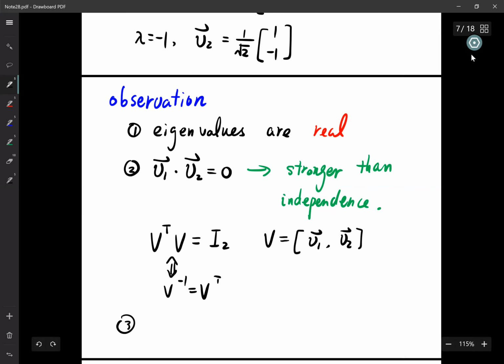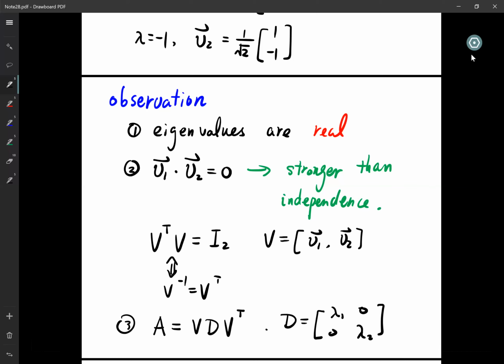Therefore, the diagonalization becomes A equals V D V transpose, where D is the diagonal matrix with lambda 1 and lambda 2. Just a few observations. Any question?